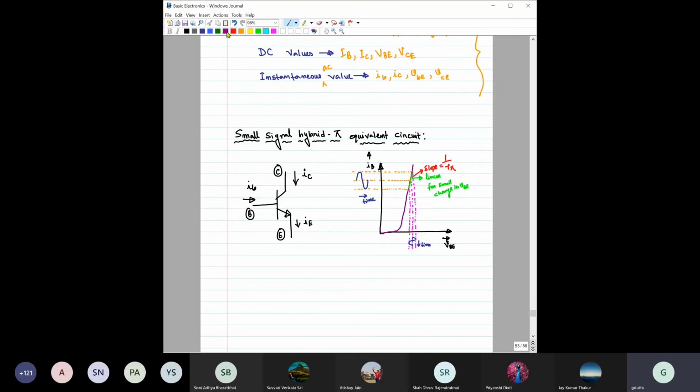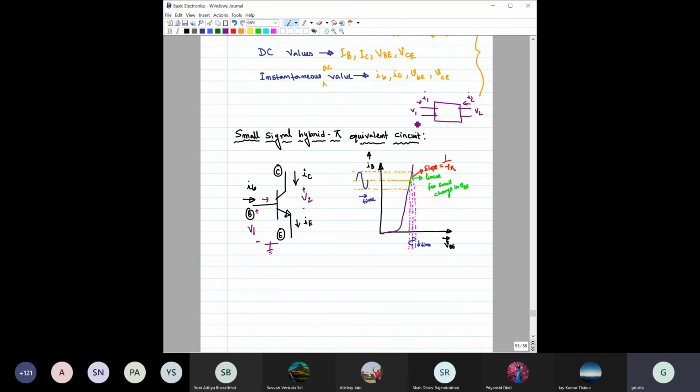The transistor can be treated as a two-port network, where the input is V1 and the output is V2, the input current is IB and the output current is IC, like I1 and I2 in a two-port network.